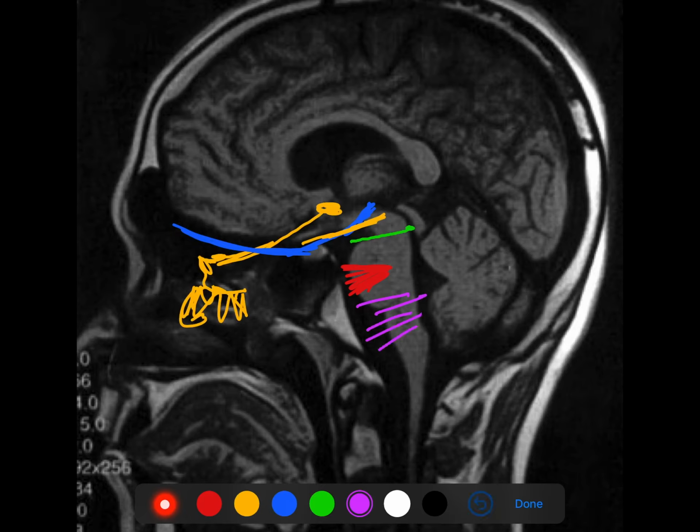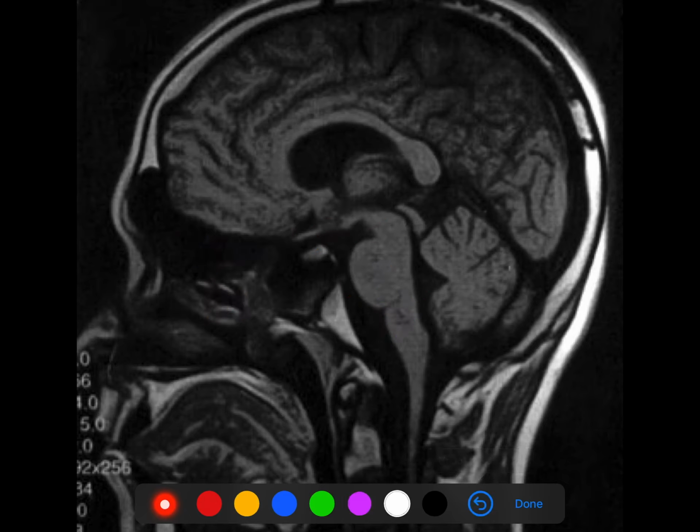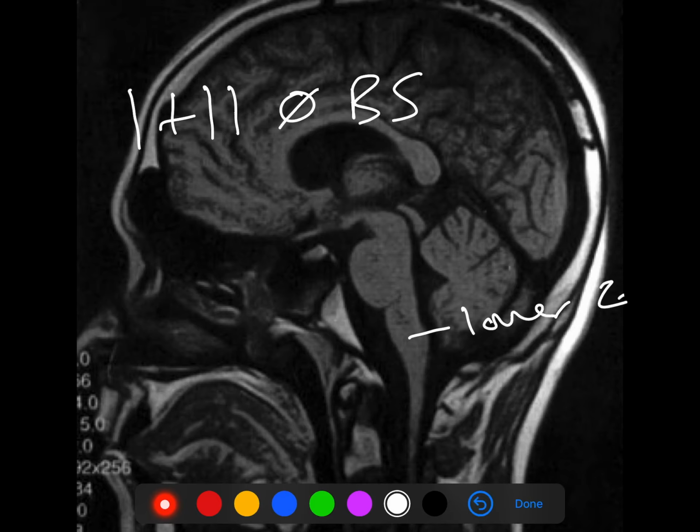But rest assured that what you need to know at this point is that cranial nerves 1 and 2 do not come from the brainstem. Okay? The lower 4 come from the low bit of the brainstem, which is our medulla, right?